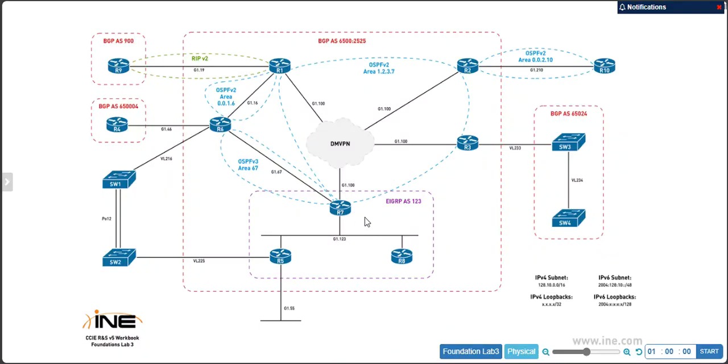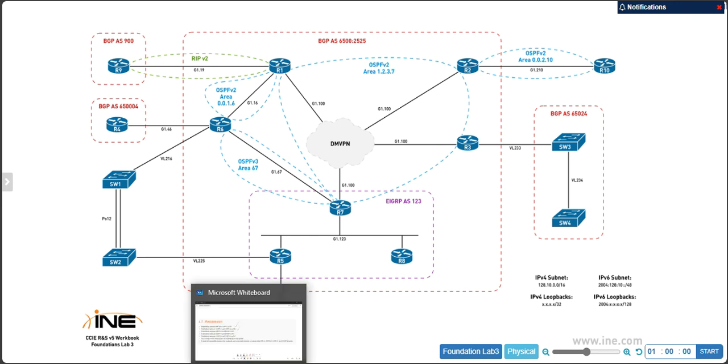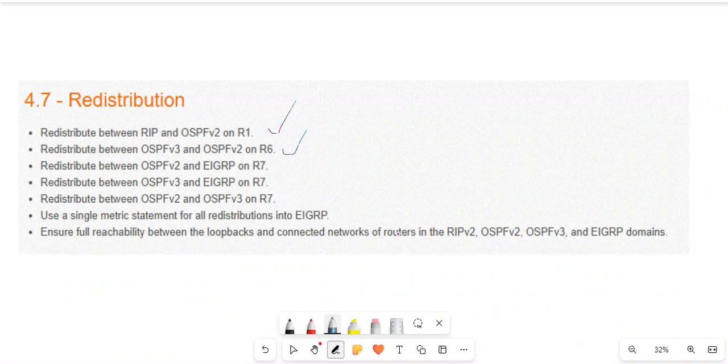On R7, we have EIGRP, OSPF version 3, and OSPF version 2. Redistribute between OSPF version 2 and EIGRP on R7, and it uses a single metric statement for our redistribution into OSPF. It means we have to use a single metric statement for our redistribution.